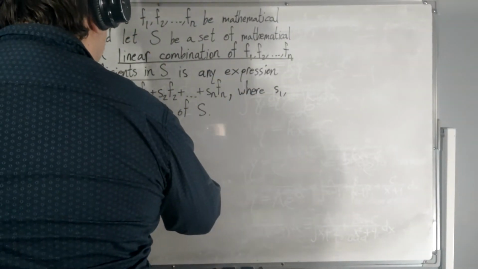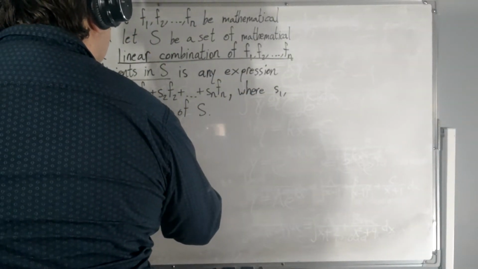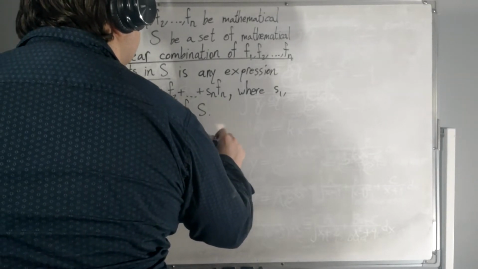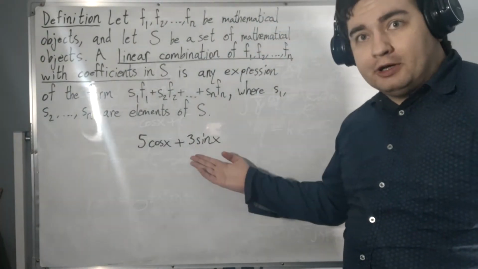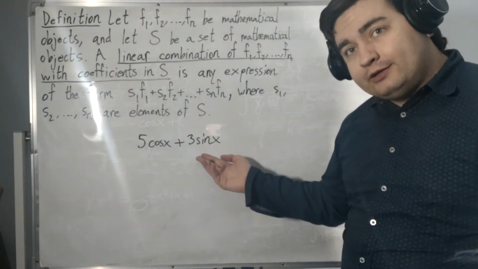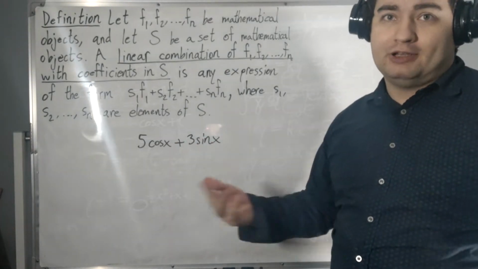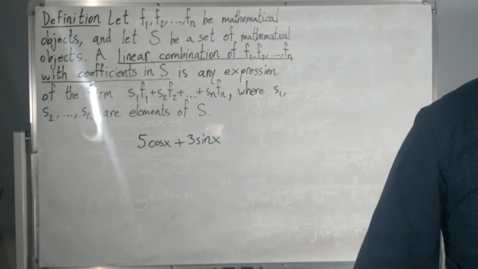To look at some examples, if you have something like 5 cosine x plus 3 sine x, this would be a linear combination of the functions cosine x and sine x with coefficients in the real numbers, because 5 and 3 are real numbers.